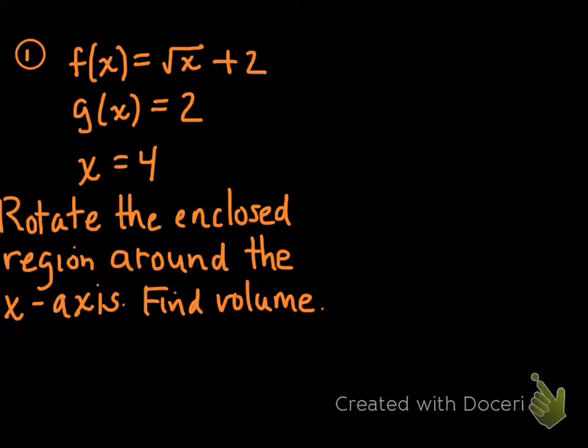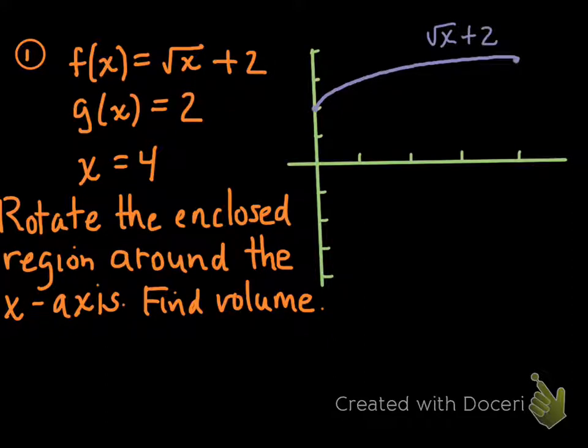X equals 4 is the vertical line going through the x-axis at 4. Our instructions are to rotate this enclosed region after we graph it around the x-axis and then find the volume. So the graph is going to be such that when we rotate it around the x-axis, there will be this void in the middle. Let's take a look at the graph.